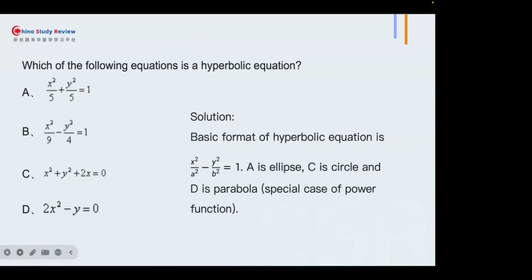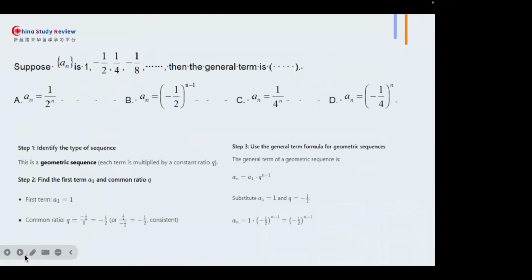Okay, and as I mentioned before, you have to make comparisons between different equations of those families of the planar geometry. For example, ellipse, hyperbola, parabola, circle. This one is circle, this one is parabola, hyperbola, ellipse, right? So how to determine them and how to make comparison between them.